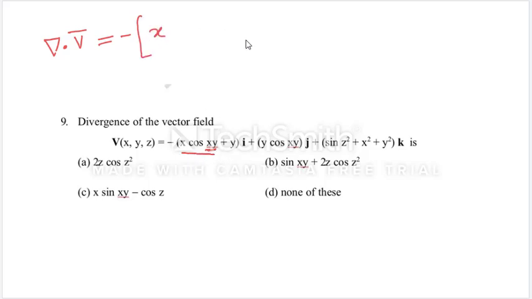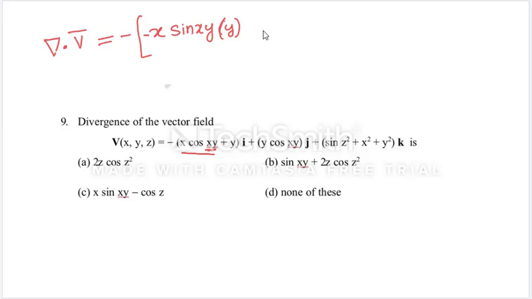So this is x into cos x, the derivative is minus sin xy into y. Y is a constant for the x derivative.